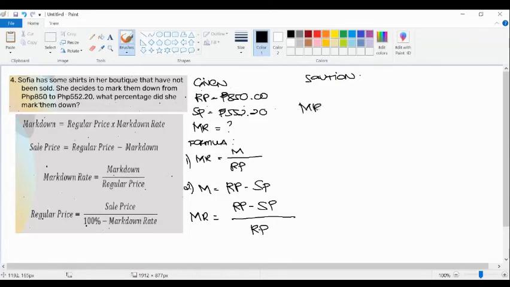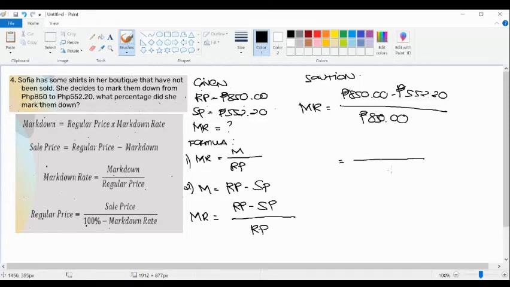So markdown rate is equal to 850 pesos minus 552 and 20 cents over 850 pesos.